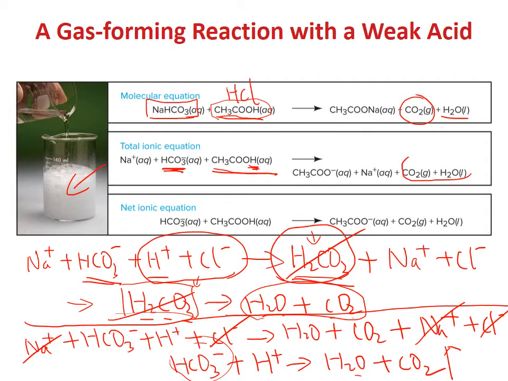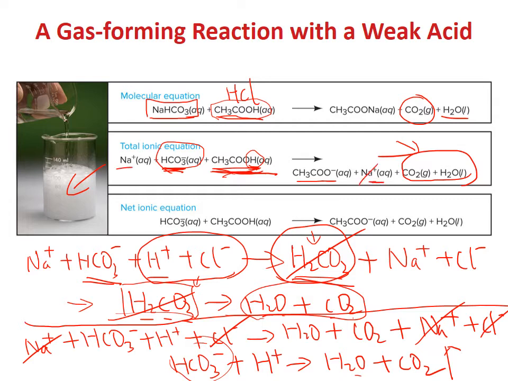That's why you see CO2 and water. The acid now becomes a conjugate base, which is the acetate anion, along with the sodium ion.